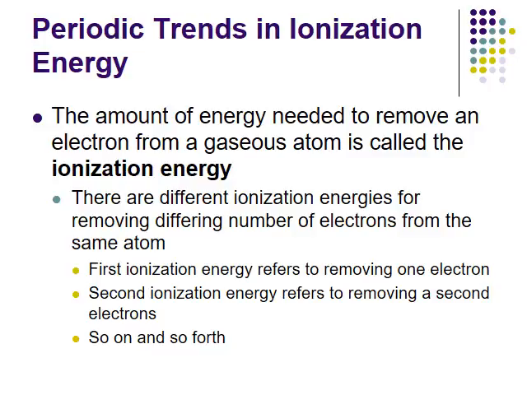Now, what's important is that there are different ionization energies. There's the first ionization energy, second ionization energy, third ionization energy, and so on. The first ionization energy is the energy needed to remove one electron when you've removed nothing else. The second ionization energy refers to removing a second electron after you've already removed the first.